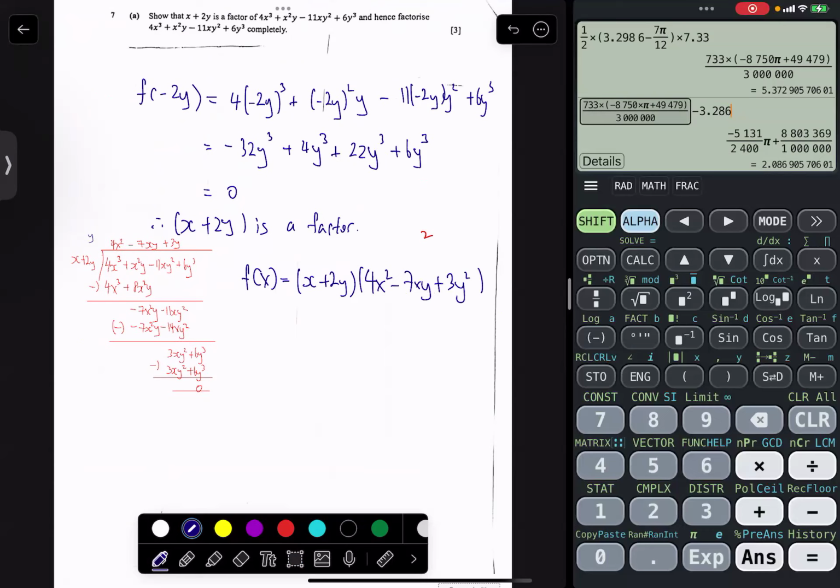So factorize again, I will have x plus 2y bracket 4x, x. Then this will be minus y, then this will be plus 3y. Sorry, minus 3y. Okay, answer.